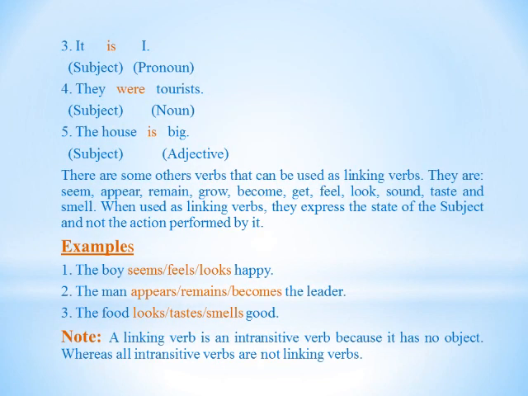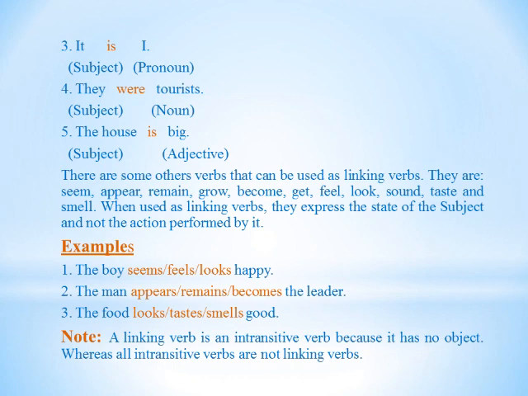Example sentence number 3. It is I. Here is is the linking verb, whereas the pronoun I is there to modify the subject it. Example sentence number 4. They were tourists.